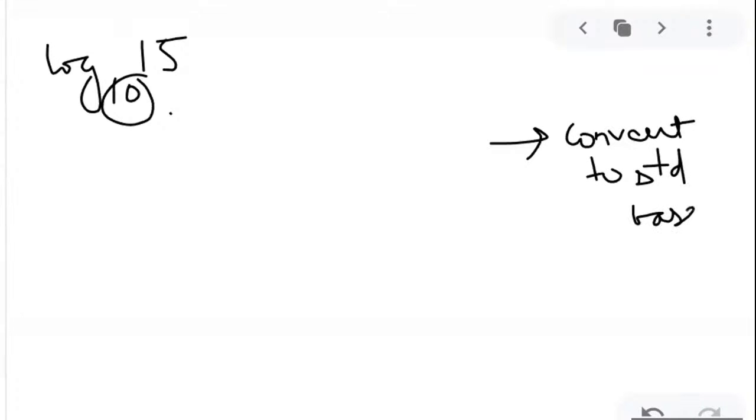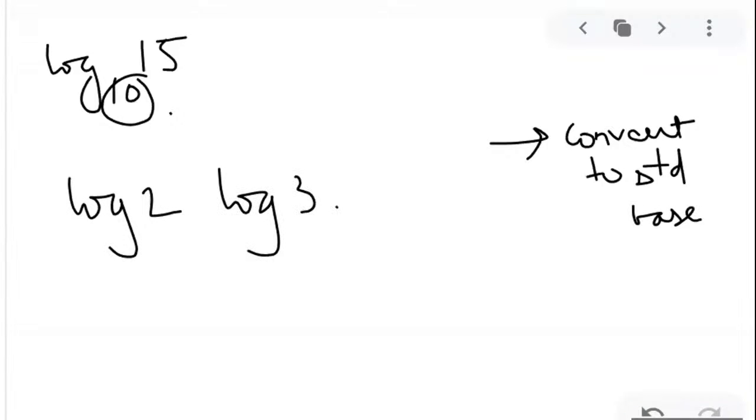Whenever he is asking to convert to a standard base, or he's giving random numbers like log 2, log 3, if he's giving values of them, that means he's asking about log to the base 10. Okay, that is standard base.